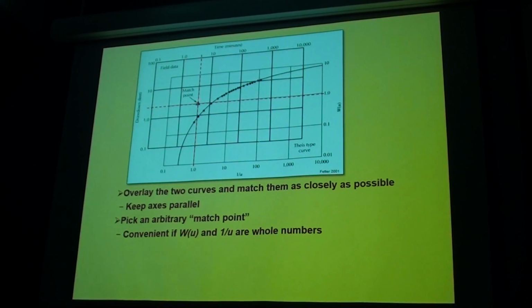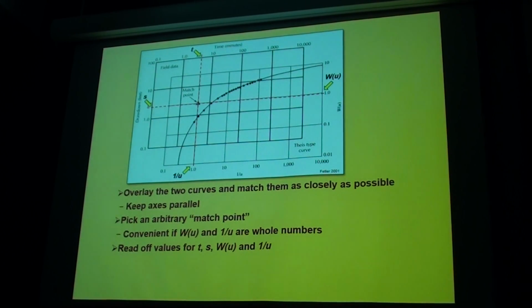Pick your match point so that 1/u and W(u) are whole numbers. And if you can do it so that they're both one, it makes things even easier for you, especially if you hand calculate it, because of course the ones just get rid of themselves from the equation. But anyway, if you look here, you can read off values for t, for s, for W(u), and for 1/u. Then it's a simple matter of inserting them into those equations, and it pops out an answer for transmissivity, for storativity, and for hydraulic conductivity.